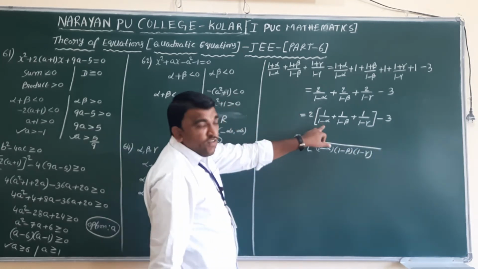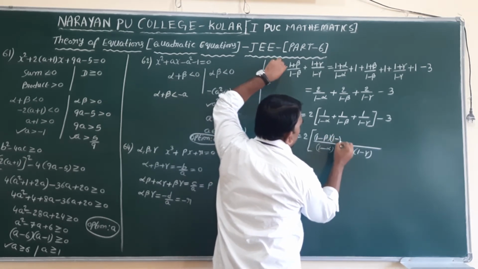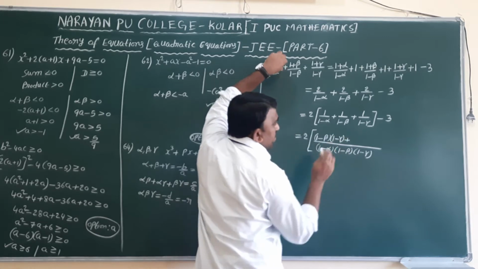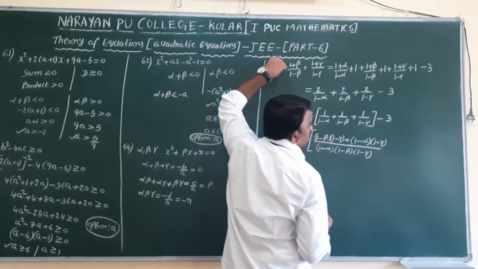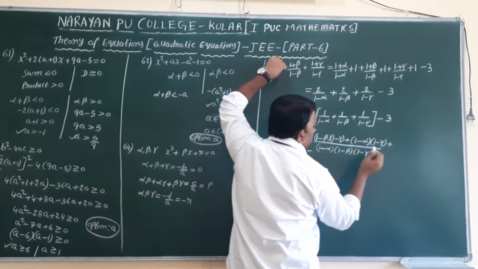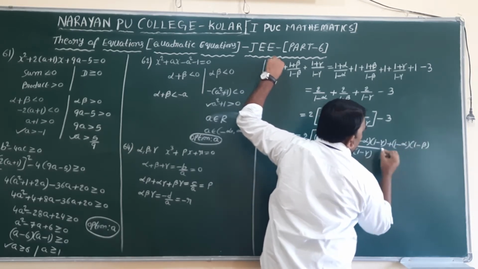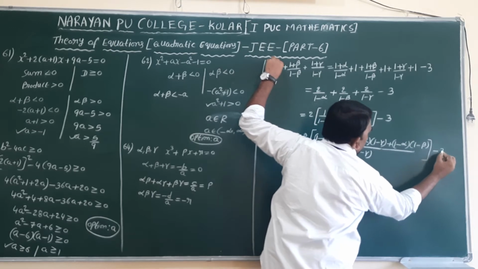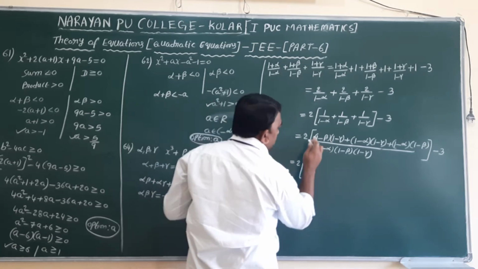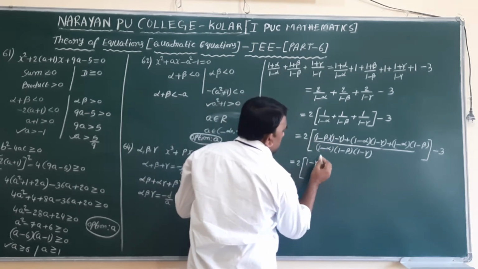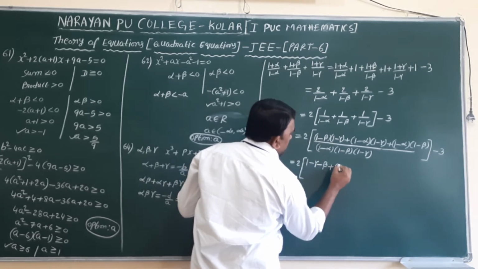2 into, LCM is (1 minus alpha)(1 minus beta)(1 minus gamma). So 1 minus alpha one time cancelled, remaining is (1 minus beta)(1 minus gamma), plus 1 minus beta one time cancelled, remaining terms is (1 minus alpha)(1 minus gamma), plus 1 minus gamma one time cancelled, remaining is (1 minus alpha)(1 minus beta), whole divided, minus 3. So 2 into, multiply the numerator: 1 into 1, 1 minus gamma minus beta, into minus gamma, plus beta gamma.